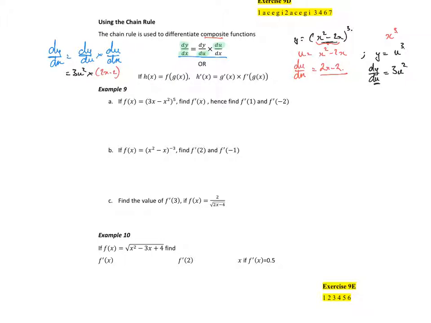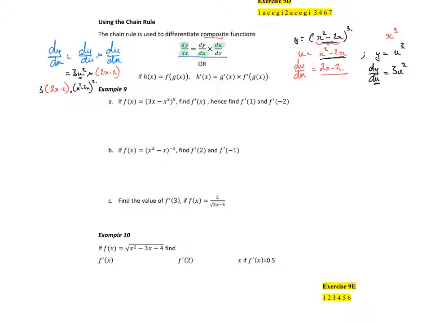So there's my actual derivative, but obviously u is still present, so we've got to change u back to the function that we started with. Let's bring our 2x minus 2 out the front, and the 3 out the front as well. Now I've got u squared, and u is that expression, so it's x squared minus 2x to the power of 2.